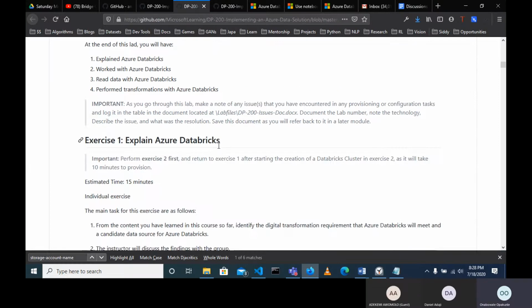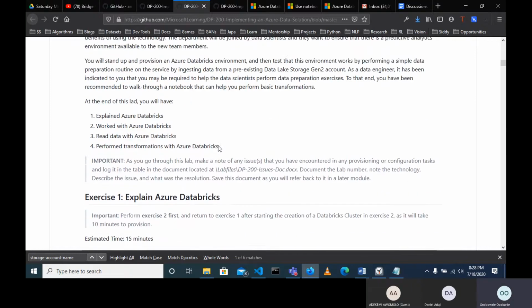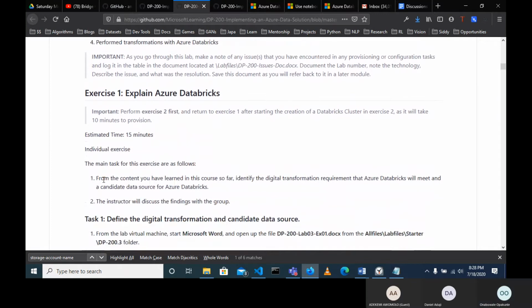Okay, so the first task is, from the content that we have learned so far in the course of study, we should identify the digital transformation requirement that Azure Databricks will meet and a candidate data source for Azure Databricks.